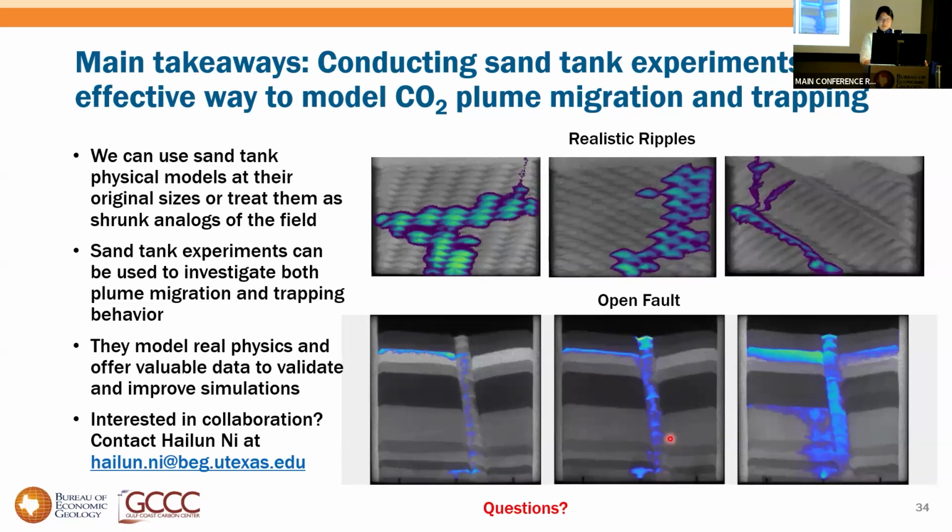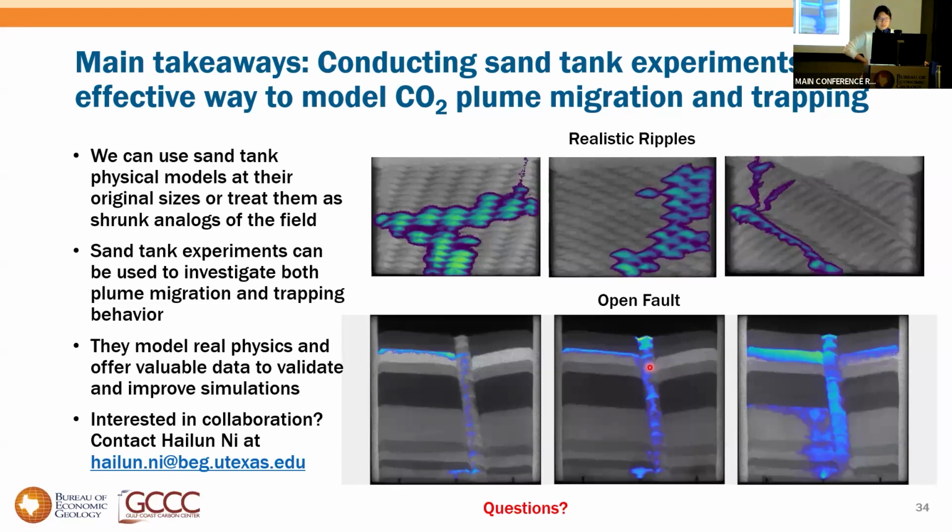And as far as I understood, a heterogeneous fault could have a low permeability core with a high permeability damage zone around it. So the true heterogeneity of the fault is likely to be more along the vertical axis instead of the horizontal axis. So definitely in the sand tank, we can construct that kind of heterogeneity for a fault.